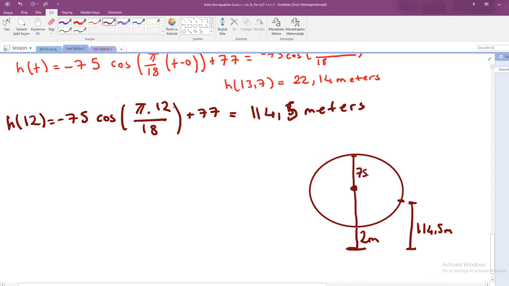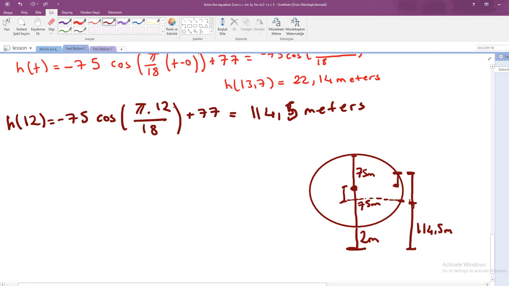It is 75 meters and 75 meters. So I'm asking, what is the distance from here to here? What is the vertical distance? So it is easy. Actually, 114 is here. It's far more here. So I'm asking the distance between this part.